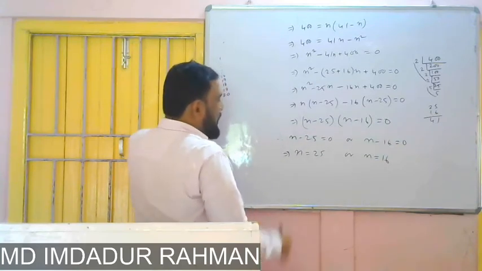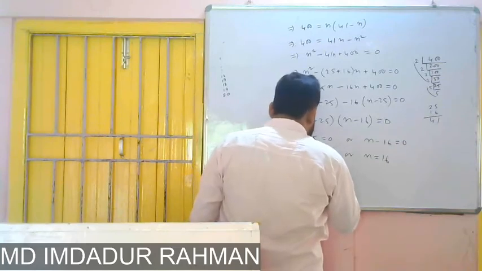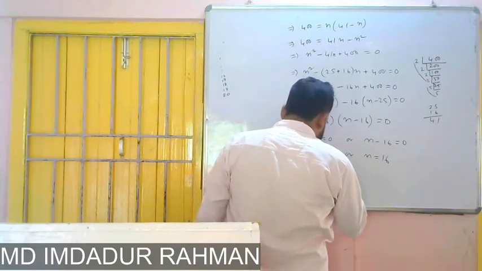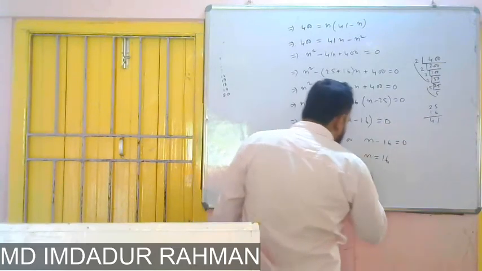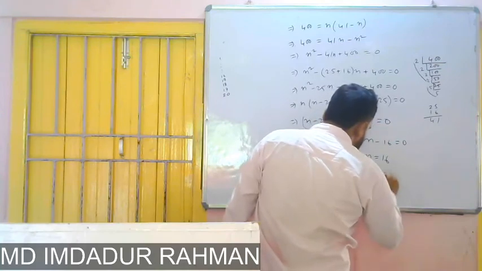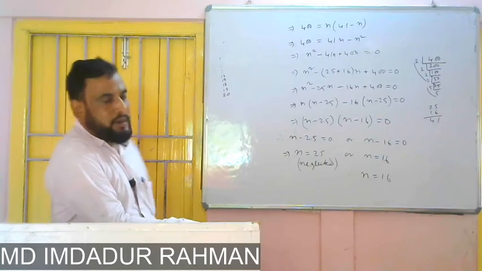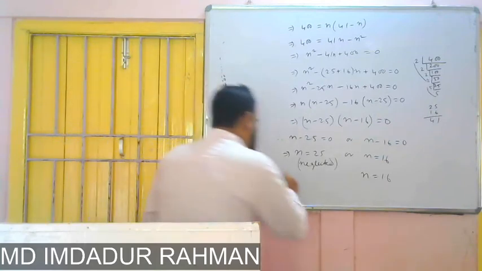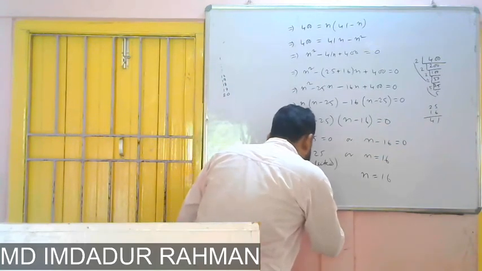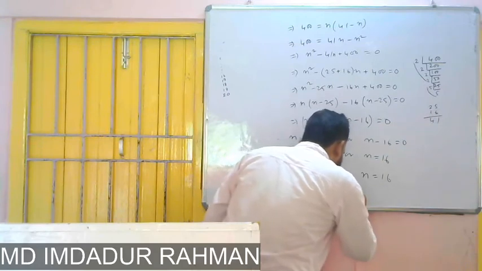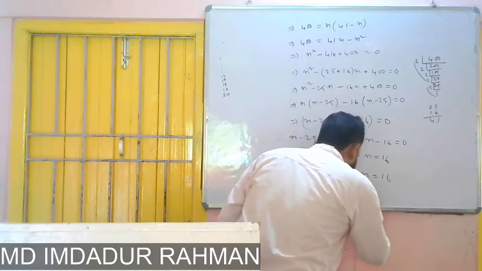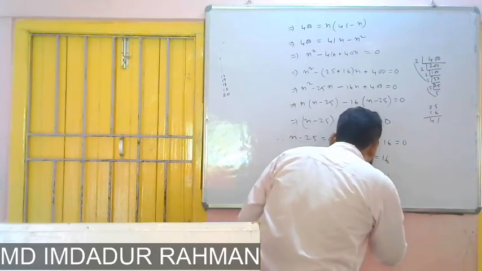Okay, so this is neglected. So therefore the number of rows will be 16.